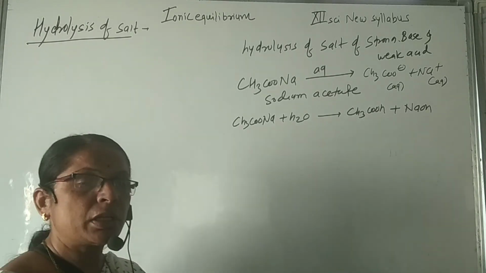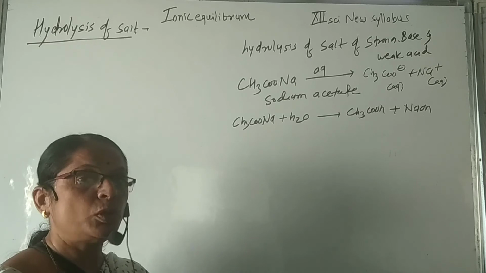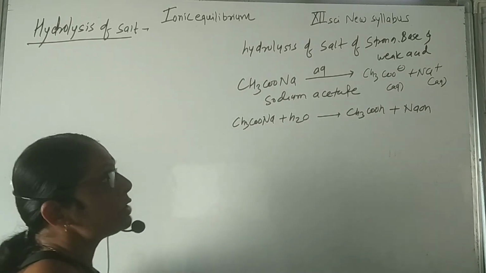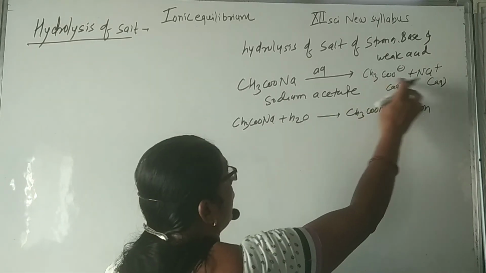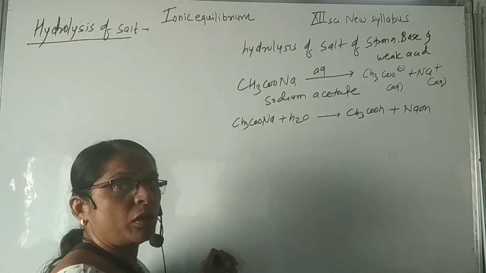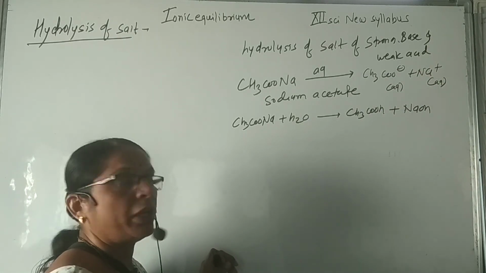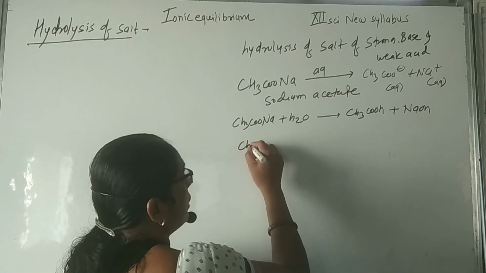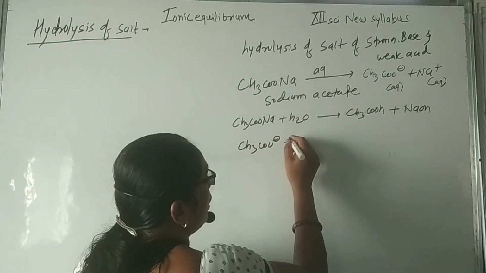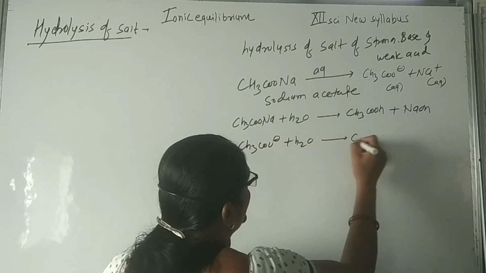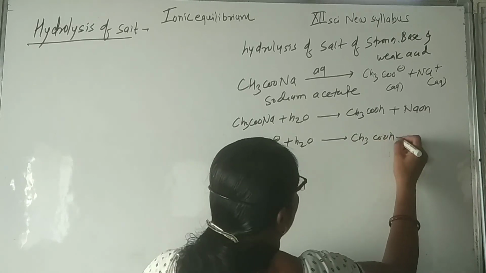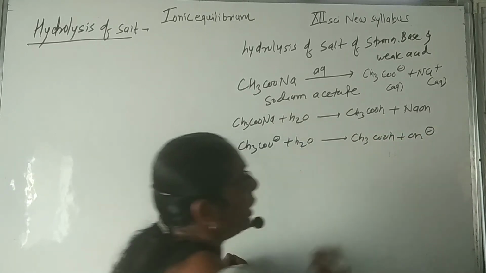As the solution contains a strong base, the solution is basic in nature. So how is it basic? Look here. This Na+ is stronger and has a tendency to form NaOH. But the acetate ion is weaker, so when it reacts with water, it forms acetic acid and the hydroxyl ion.